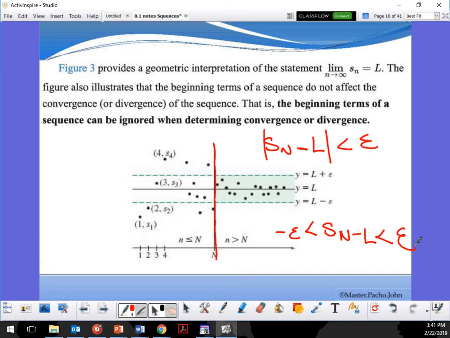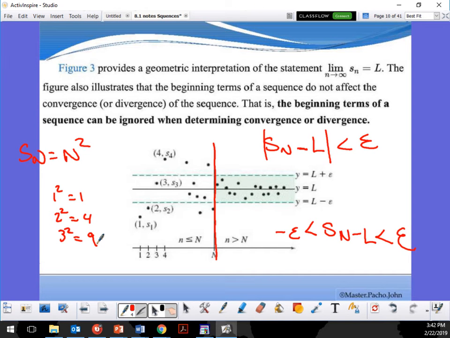As I plug in a number, if it's not converging, let's say s of n equals n squared. I know this is not going to converge because I'm giving you one that's divergent. If I plug in my numbers, it's going to be 1 squared, which is 1, 2 squared, which is 4, 3 squared, which is 9.